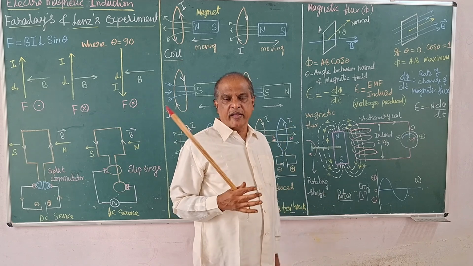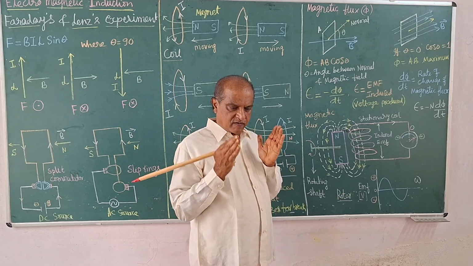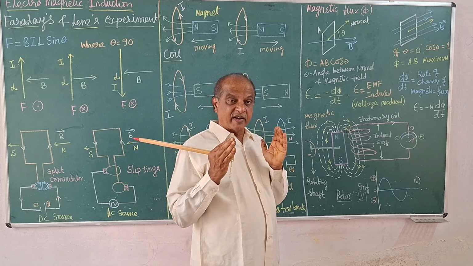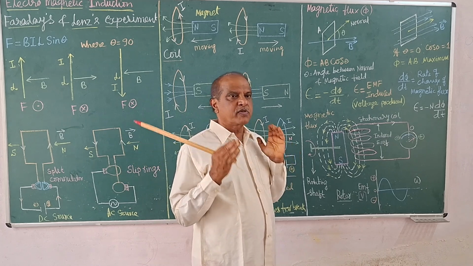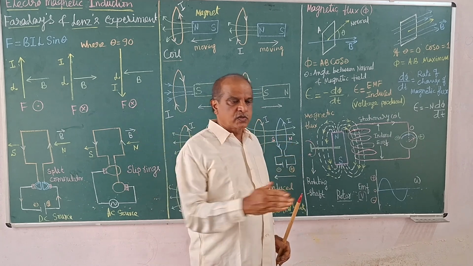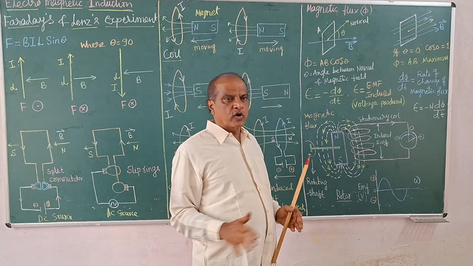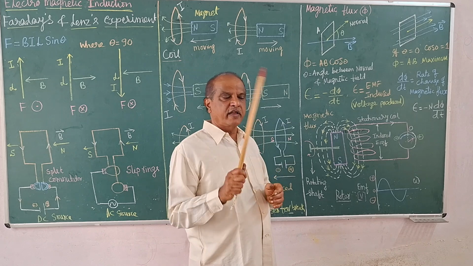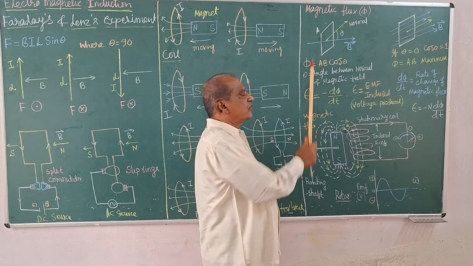What is meant by magnetic flux? Magnetic flux is the amount of magnetic field, the intensity of the magnetic field, passing through the two-dimensional surface area. The amount depends on the area as well as the magnetic field.